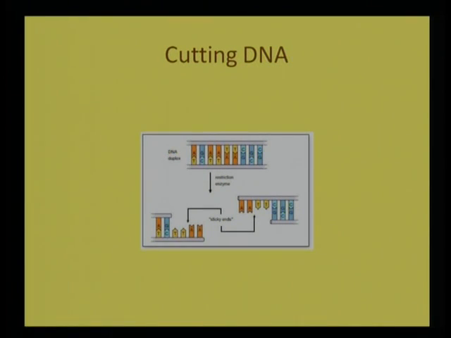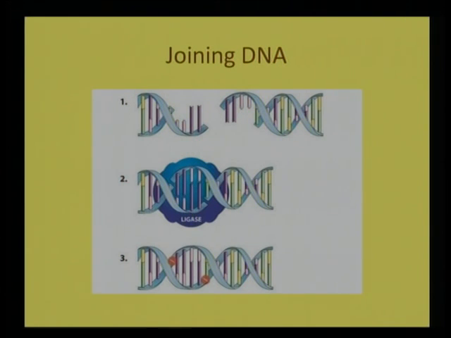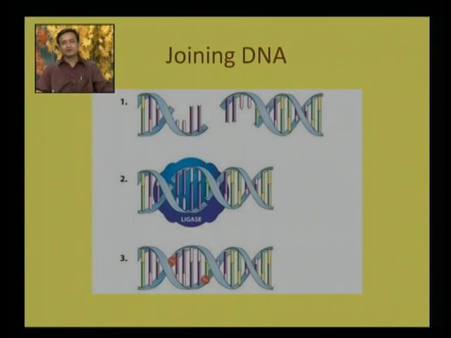These cuts can be introduced within the vector as well as the gene of interest, so that there are ample chances that both of them can recircularize and produce a cloned vector, or vector containing the insert. Then comes the joining. After cutting comes the joining.